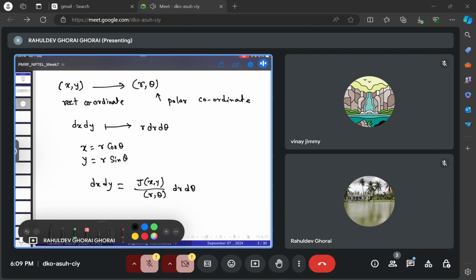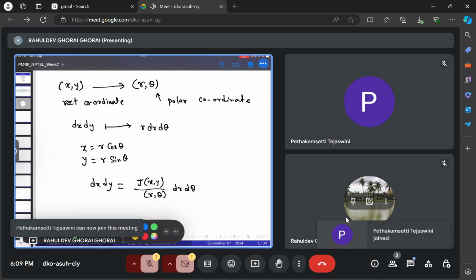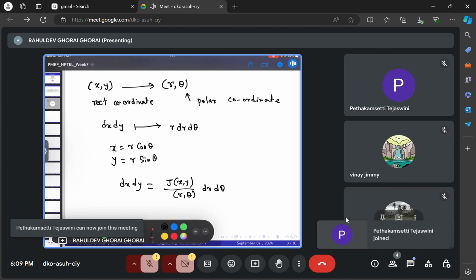So you are changing from xy to r theta, from dx dy to dr d theta with a Jacobian.